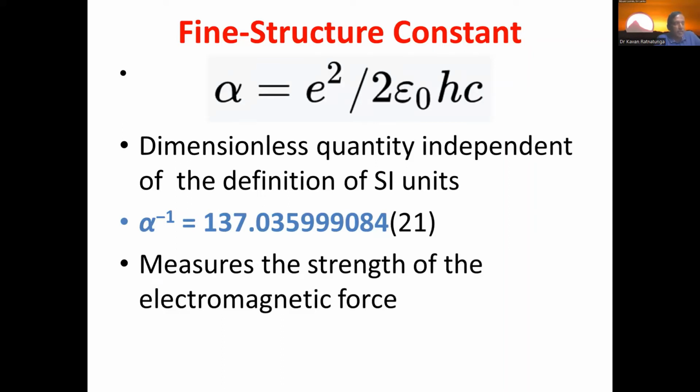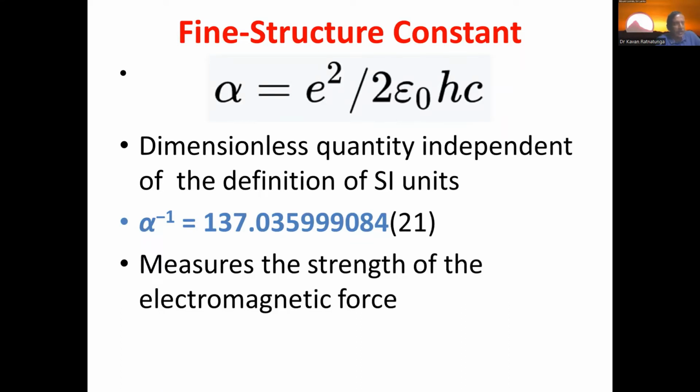What you measure, or the number you get, unlike if you say pi is a number, is a dimensionless quantity, which does not depend on what parameters SI units are defined on. But you can also define certain other dimensionless quantities by dividing certain constants.